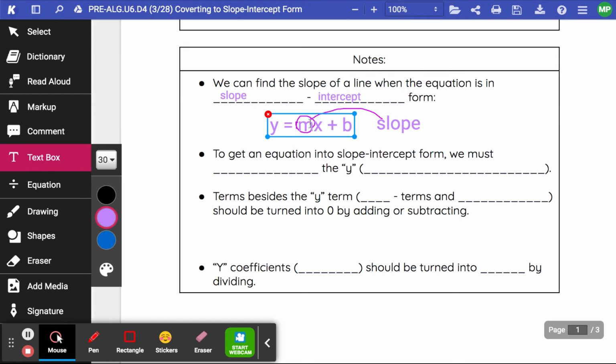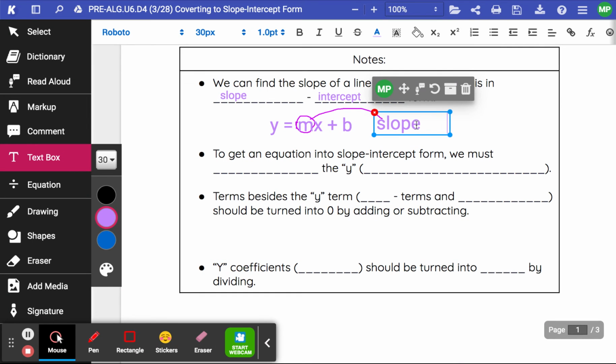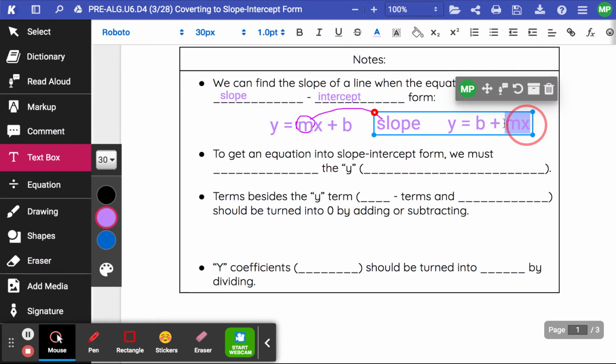It's the rate at which y is changing for each x. Okay, so let's say these were switched around. If this instead said y equals b plus mx, m is still the slope, okay? M is still the slope. Just keep that in mind.